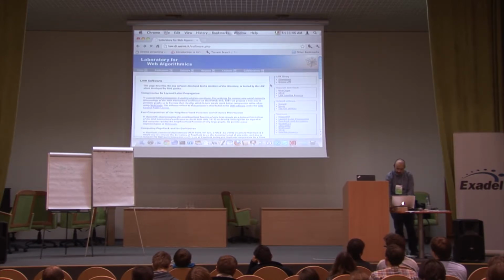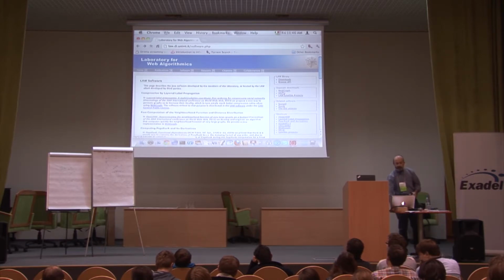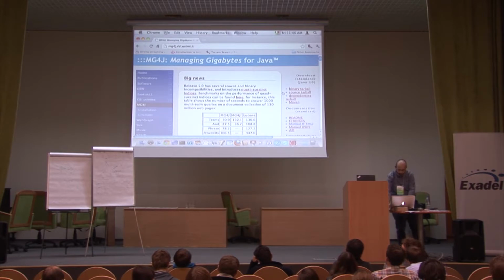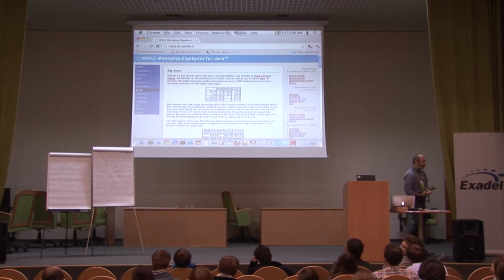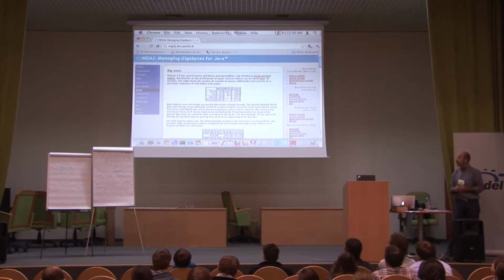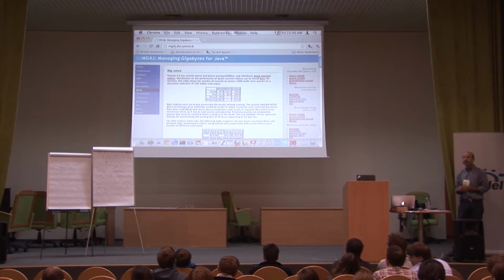And then there is MG4J. MG4J is an information retrieval search engine. So you can use it to make queries to large textual data sets. It's similar in nature to Managing Gigabytes.